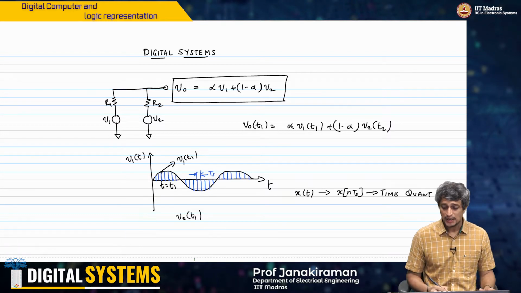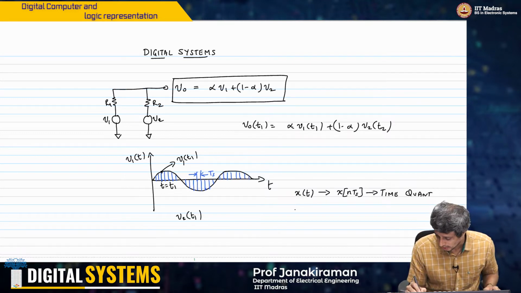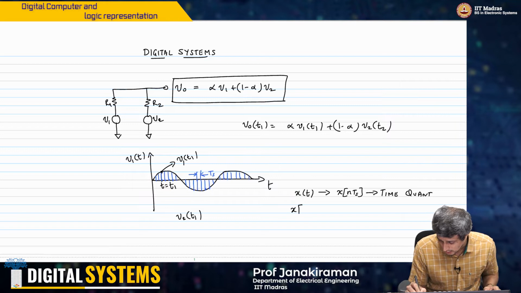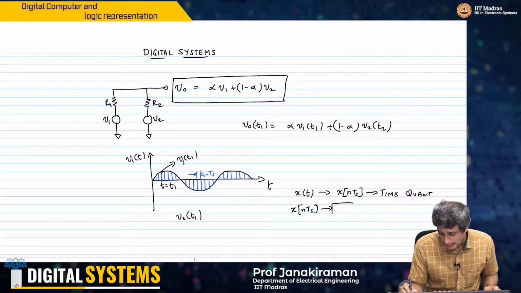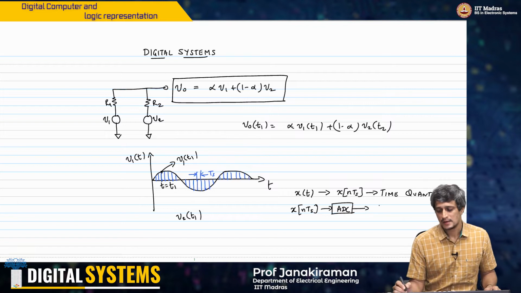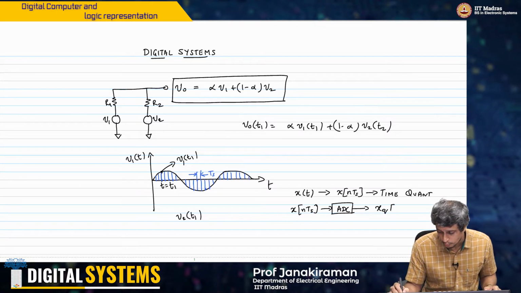But if you want to do amplitude quantization, the x of nTs needs to be passed through what is known as the ADC, and this ADC gives you a quantized output for every time instant.